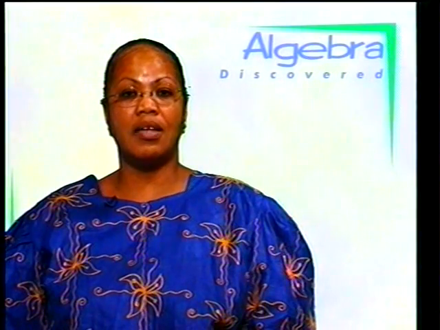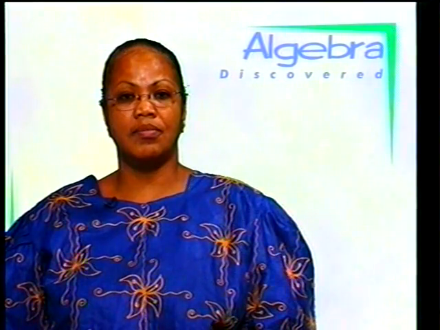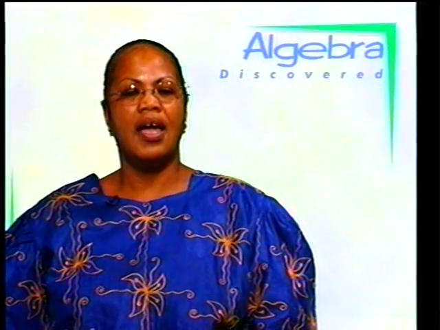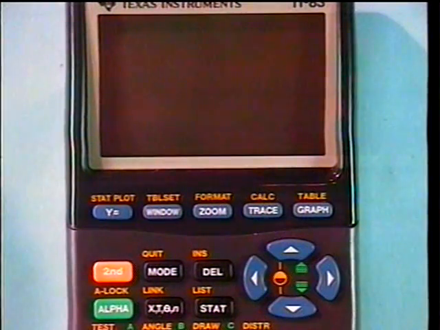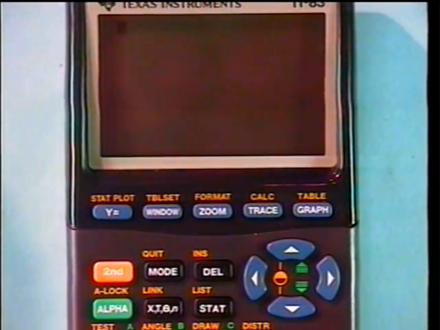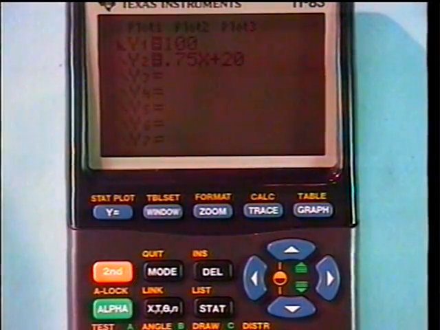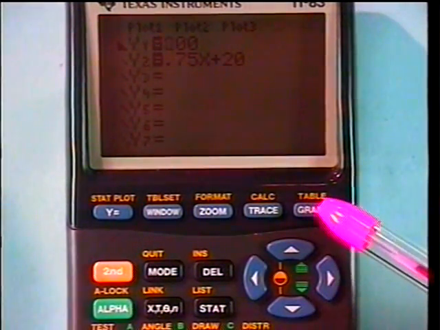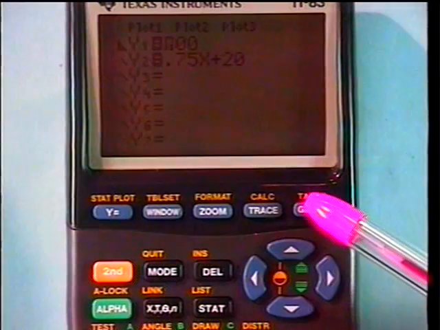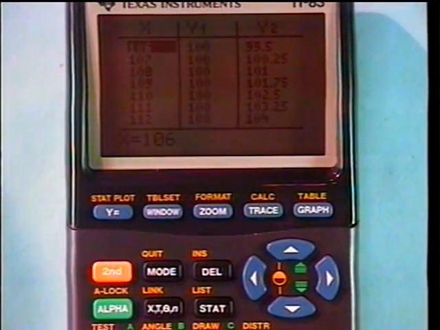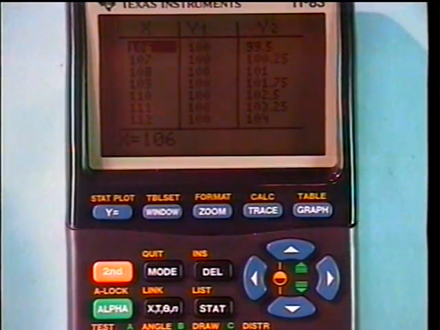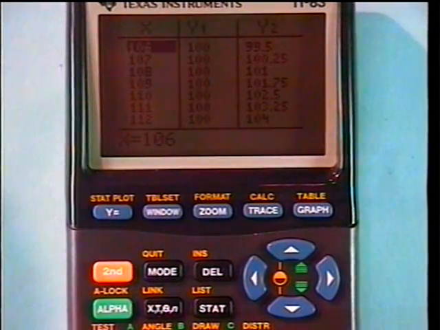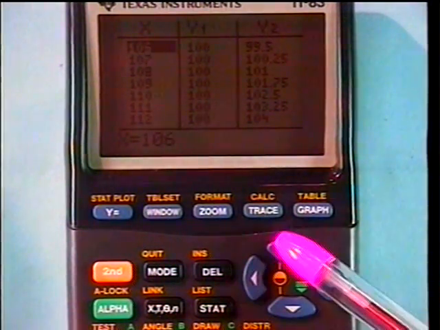Another way to have the graphing calculator tell you how many flowers you can purchase on a budget of $100 is to use the table instead of finding it on the graph itself. So let's take a look at the table in the graphing calculator and see what we can find. After having entered your equations, if you'll simply go second graph, you'll notice above graph is the word table. You'll visit the tables that are made by the functions you've entered.